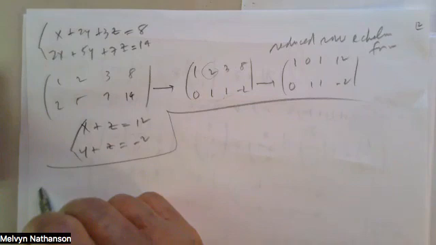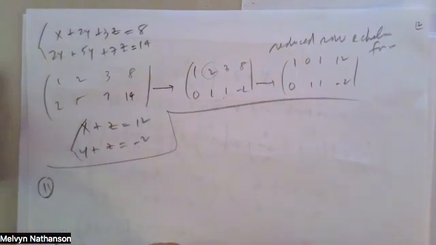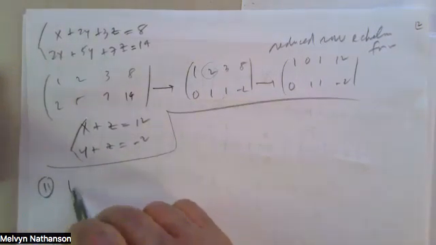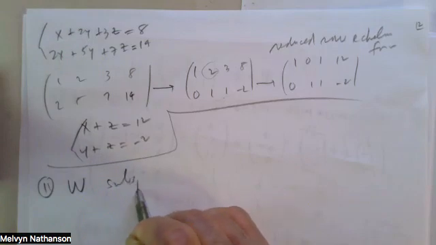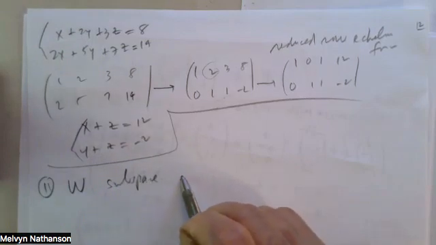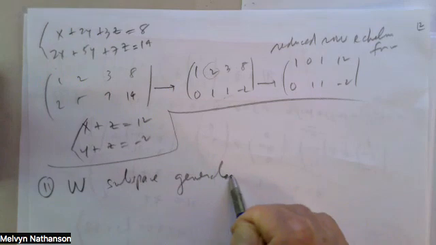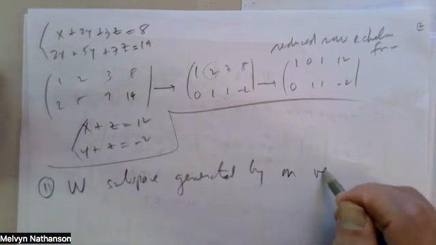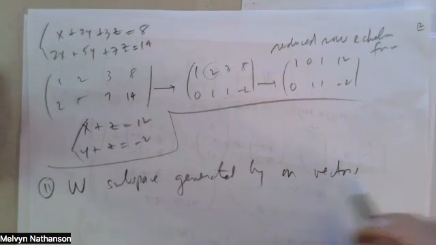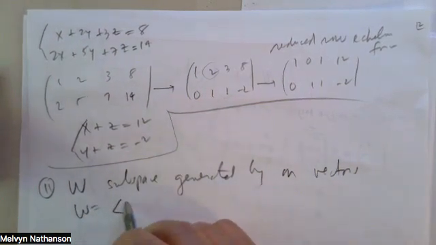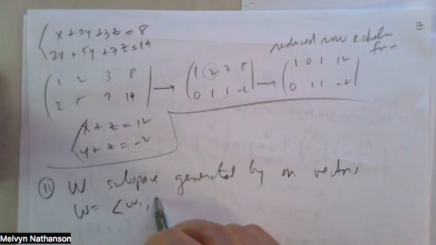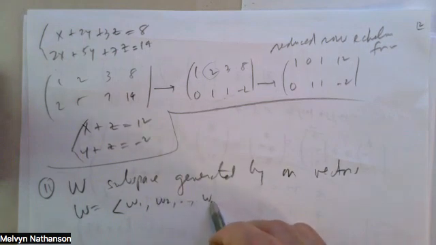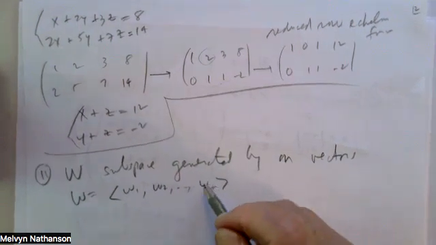So number 11 says the following. We have W, a subspace generated by m vectors. So say it's generated by the vectors w1, w2, up to w sub m.